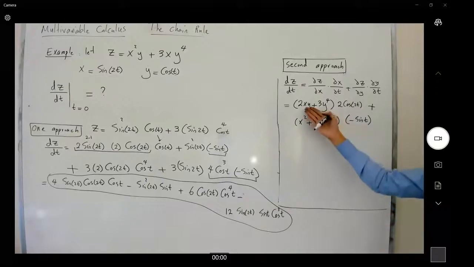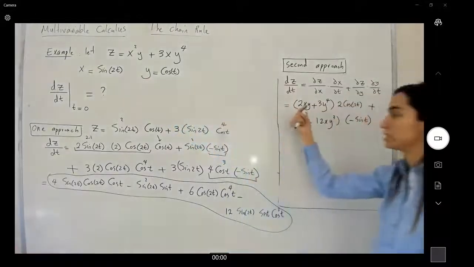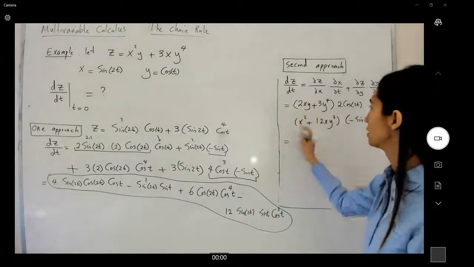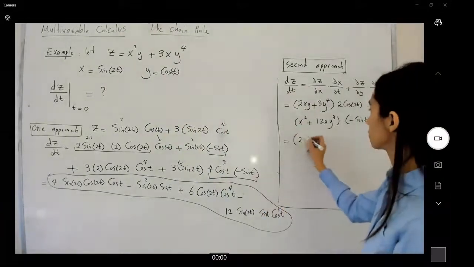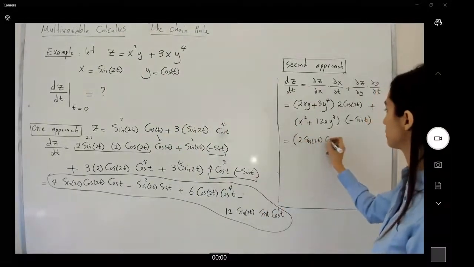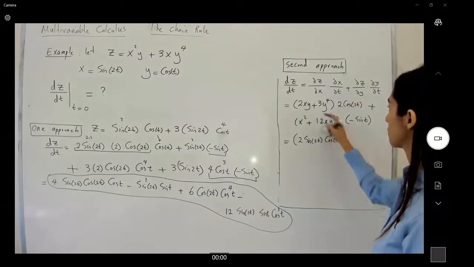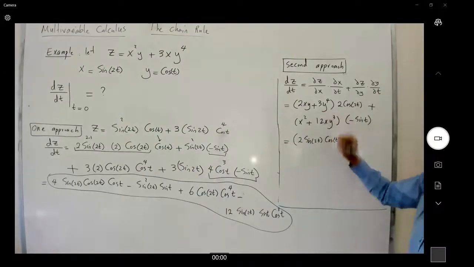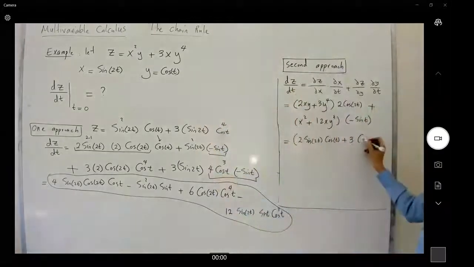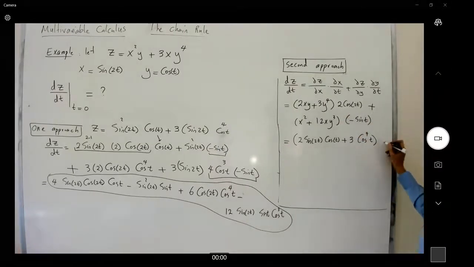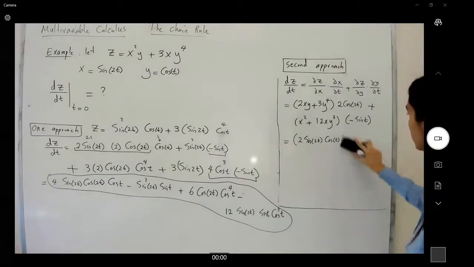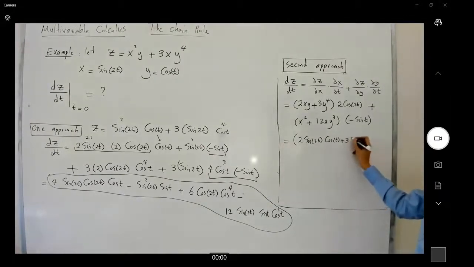Okay, now we have to substitute everything back. So here you get 2 times x times y, which is 2 sine 2t cosine t, plus 3 times y to the fourth, cosine to the fourth of t. Let's close the parentheses, times 2 cosine 2t.